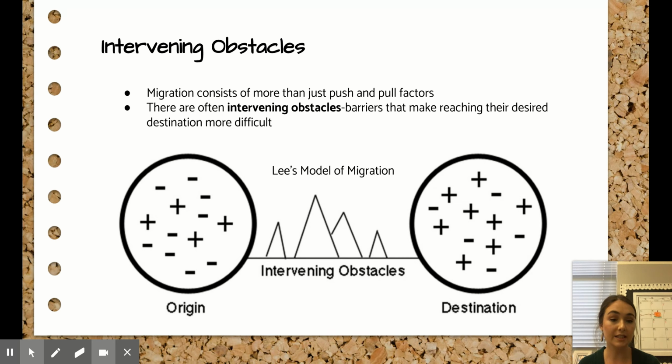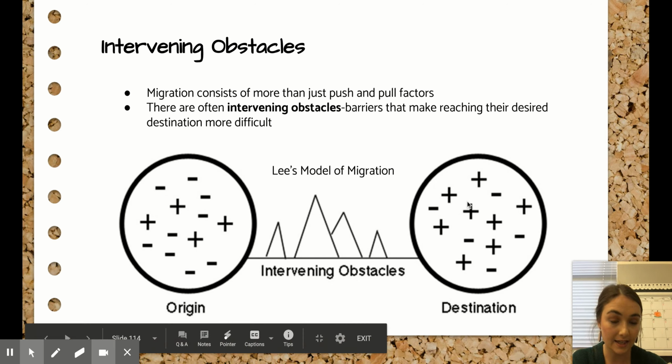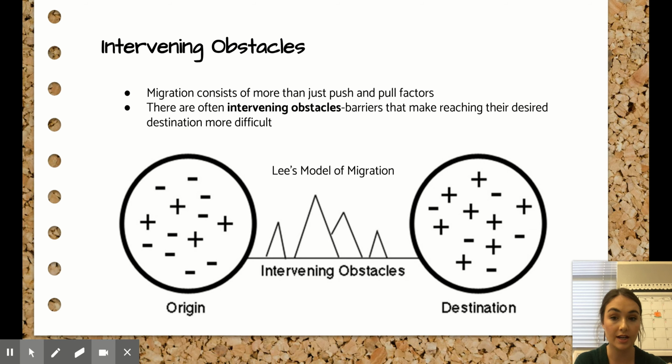This is Lee's model of migration that you see on the screen right here. And this was developed to kind of show you or illustrate more clearly what the migration process looks like besides just push and pull factors. So you have the origin country and then the destination country, the receiving country of the migrants.